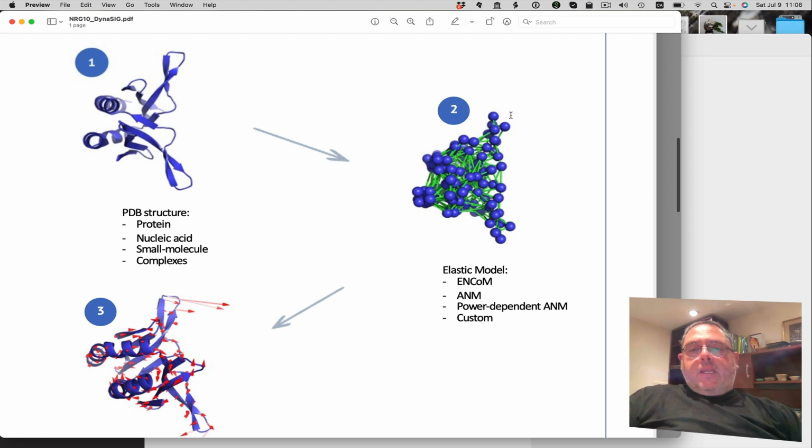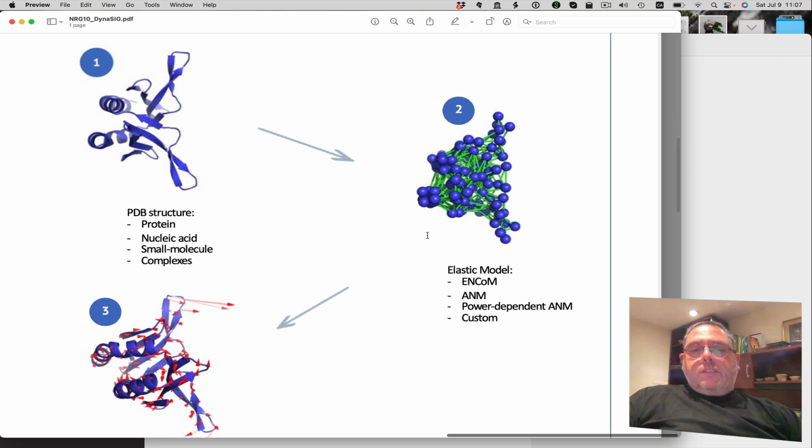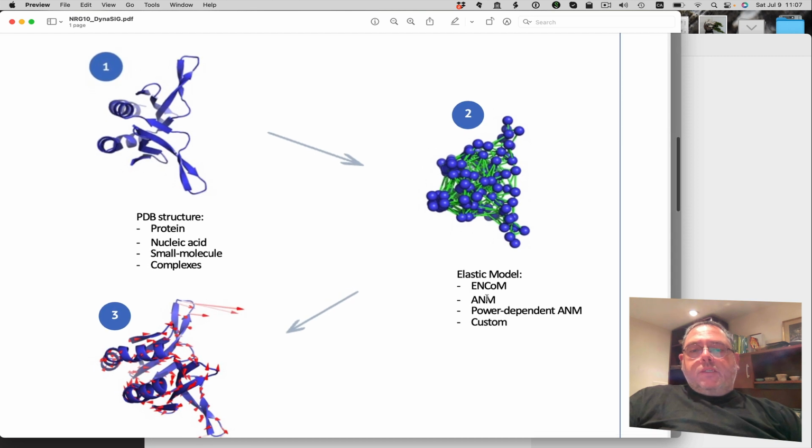And in this case, the NRGTEN toolkit allows you to utilize a number of different elastic models, including NCOM, which is the one that we developed, and it's the only one that takes in consideration the chemical nature of the interacting atoms in the generation of the nodes and the edges, and that allows it to be sequence sensitive as opposed to other methods such as ANM, which is widely used, but it's purely geometric in the criteria for the creation of the edges.